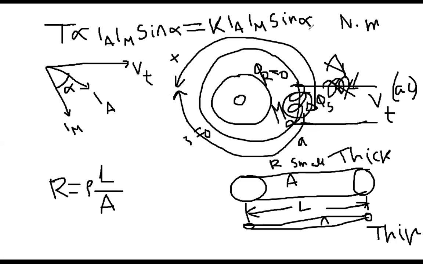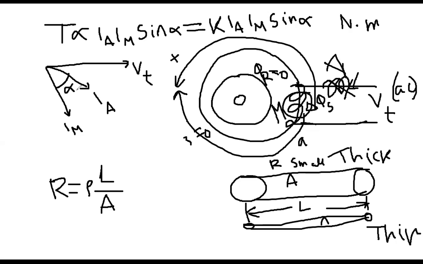Because there is sine alpha, if alpha is 0 degrees, then what is your torque value? Torque is 0. On the other hand, when alpha is 90 degrees, the torque is maximum. So there must be some value of alpha, because if alpha were 0, your torque would be 0, and the single phase induction motor cannot start or rotate.